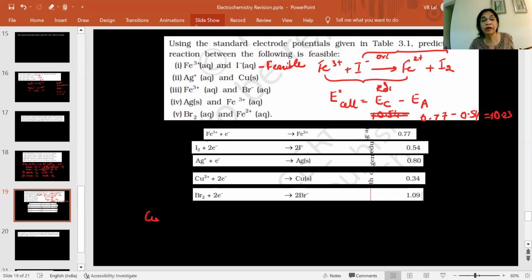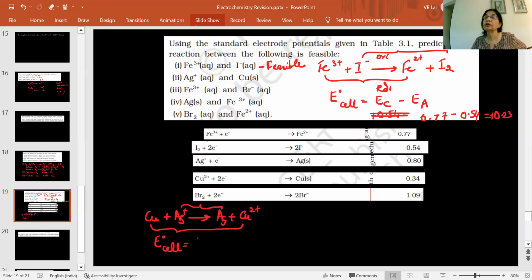Now you look at Ag aqueous and Cu solid. So what will I write? Cu plus Ag plus. What will it give? Obviously, Ag plus will change into Ag and Cu will change into Cu2 plus. So copper is getting oxidized and silver is getting reduced. So how will I write E cell? E cathode.